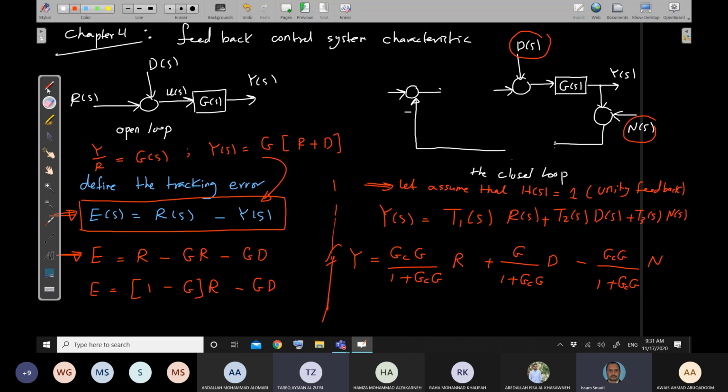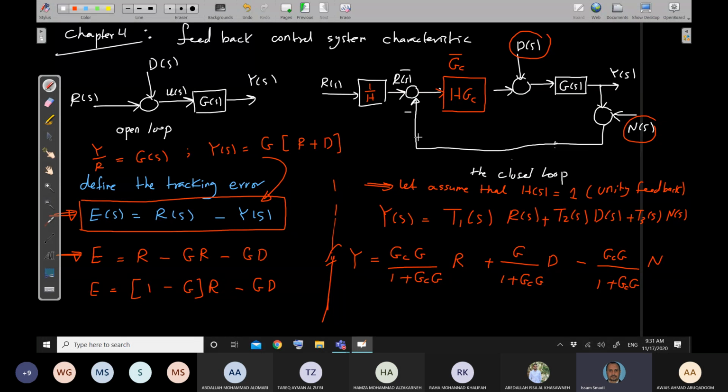Allow me to do that. Now here, I will have h, gc, and I will call this one gc prime, something called controller. And here I will have 1 over h, and this will be the r of s, and I will say that this is r of s dash.